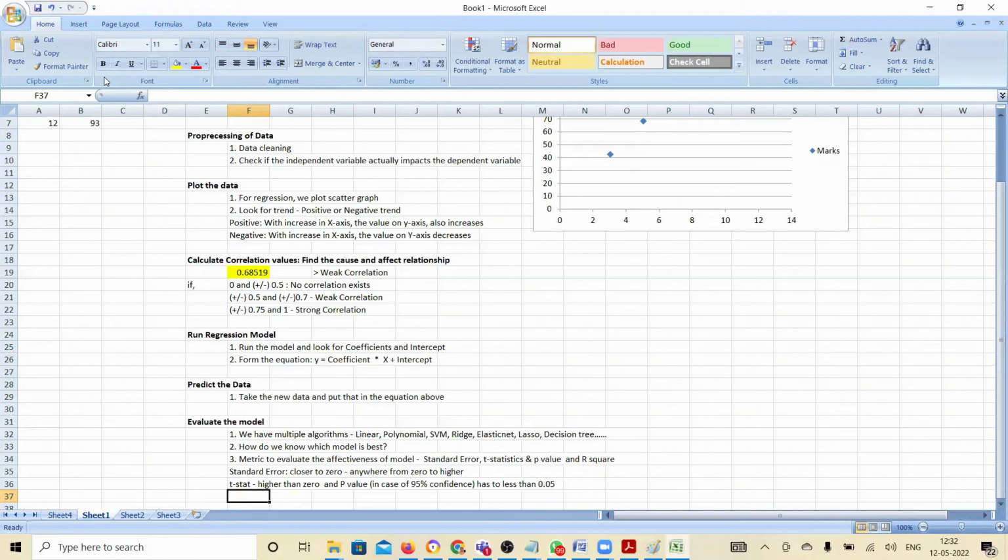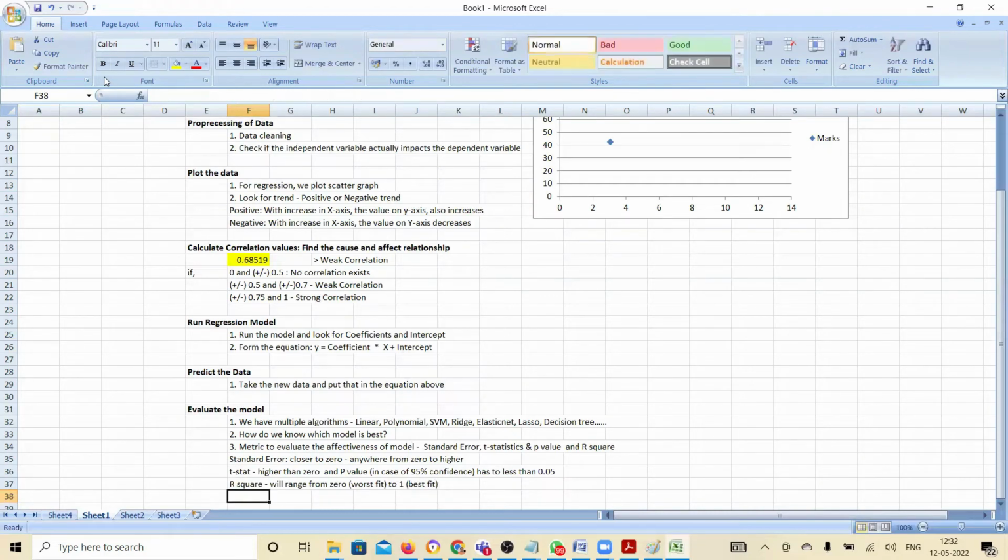And the third is r-square. R-square ranges from 0, worst fit, to 1, which is best fit. R-square should be closer to 1.